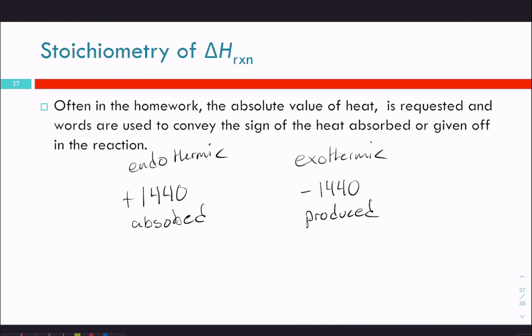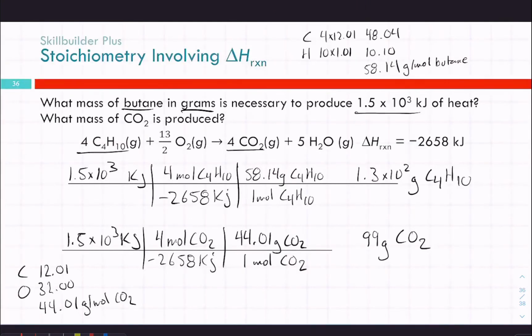Any other questions on this stuff? Is the answer always going to be positive? Yeah, so like for this one, even though it's a negative, that is the amount of heat produced and it's negative because it's an exothermic reaction, you can't have a negative quantity of grams.